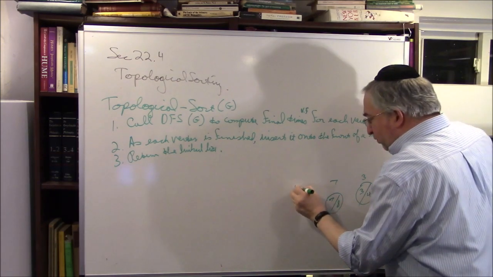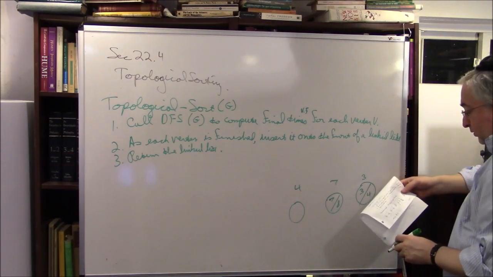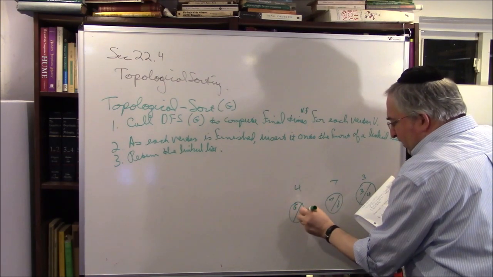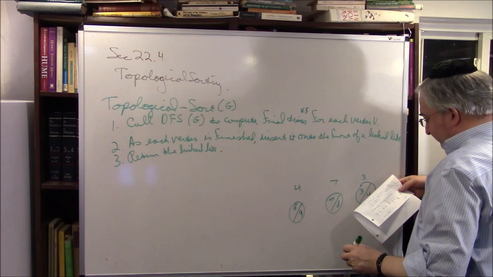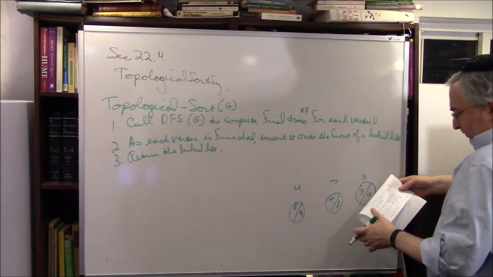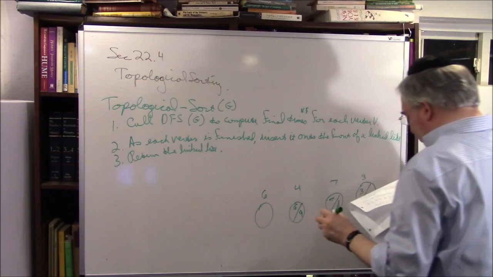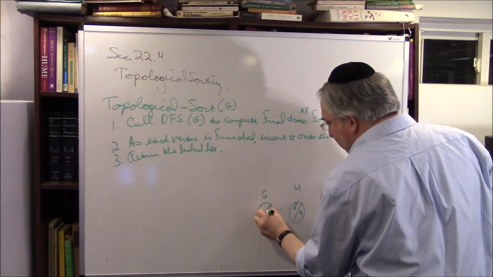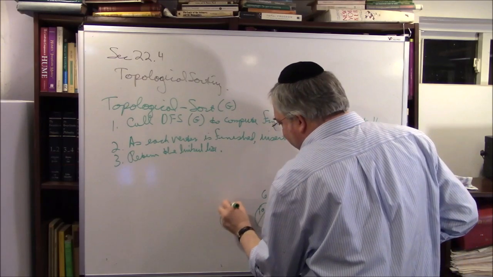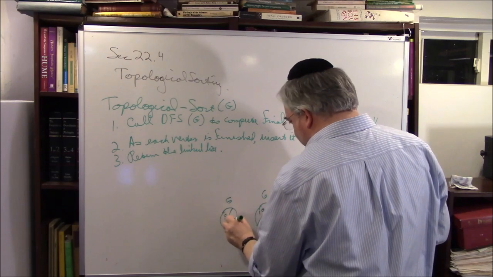The next thing was 4, which we discovered at 6 and finished at 9. Notice this is increasing: 4, 8, 9. Next was vertex 6, which we discovered at 10 and finished at 11. Next was vertex 5, which we discovered at 5 and finished at 12.